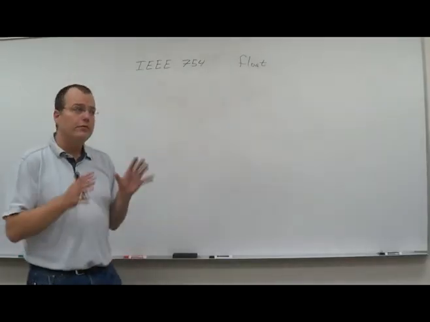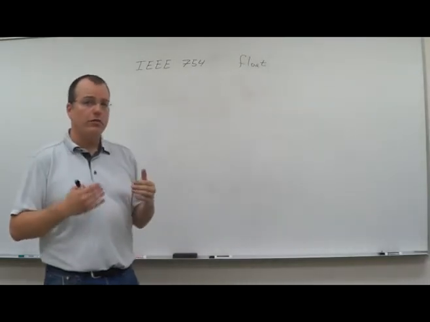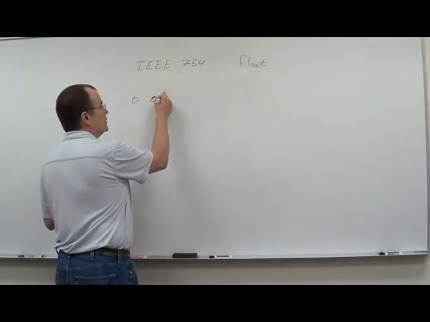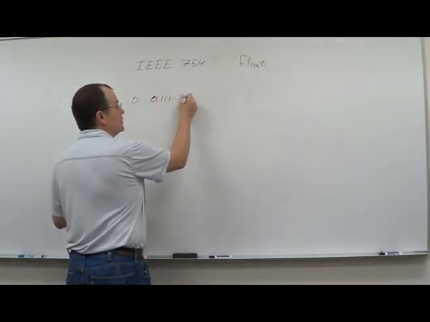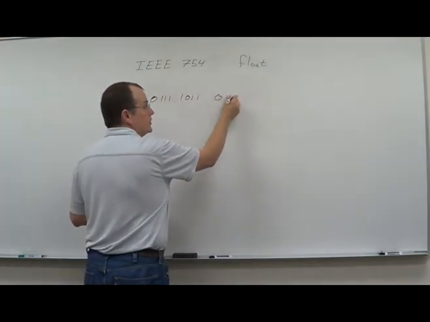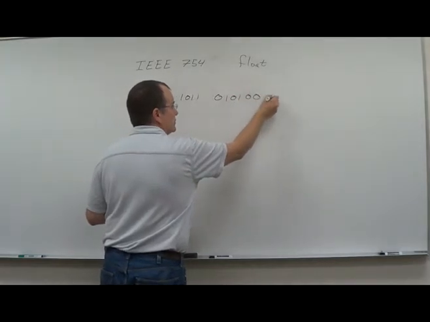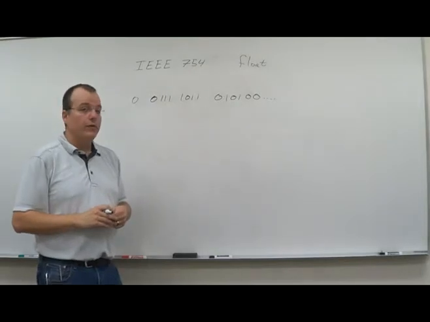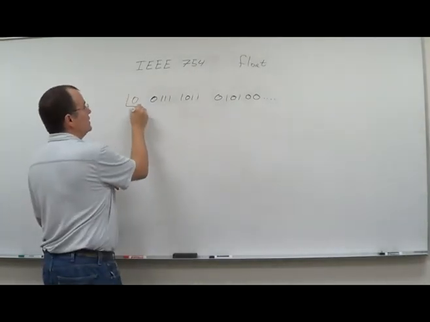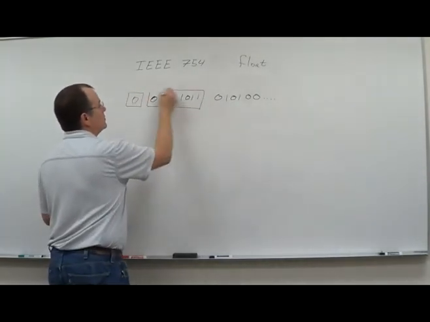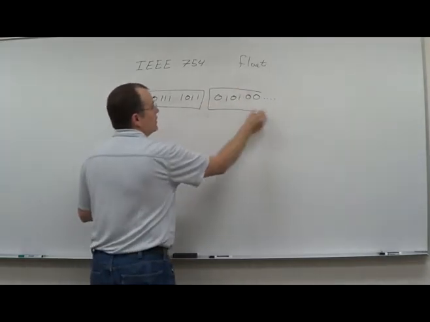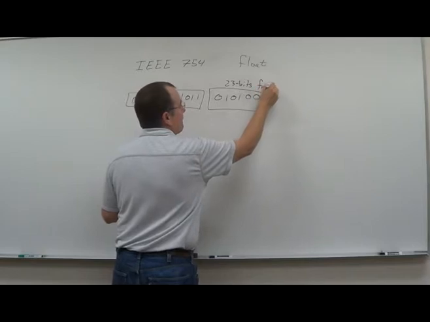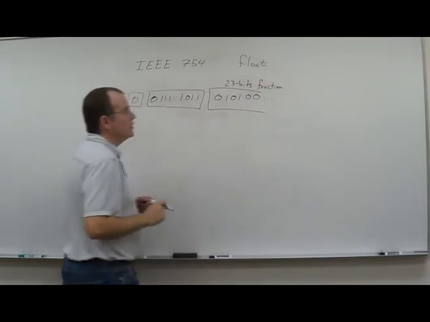So let's convert a number from the representation into the base 10 value. If we take the encoding 0, 0, 1, 1, 1, 1, 0, 1, 1, 0, 1, 0, 1, 0, 0, out to 32 bits, this is going to be a floating point value, and we can break up the bits into a sign, an exponent, and 23 bits of fraction.